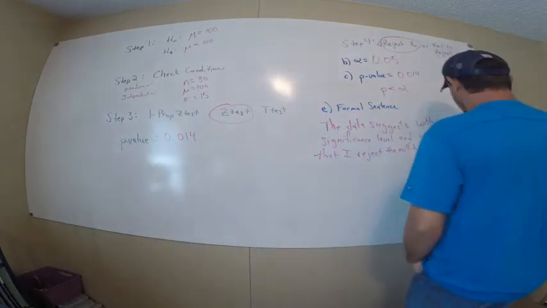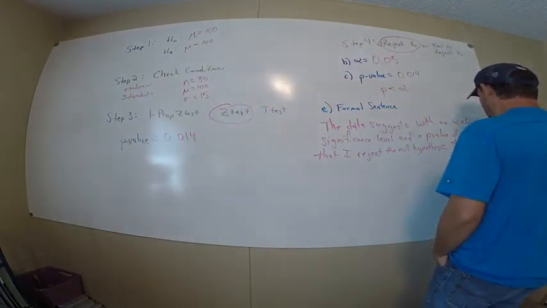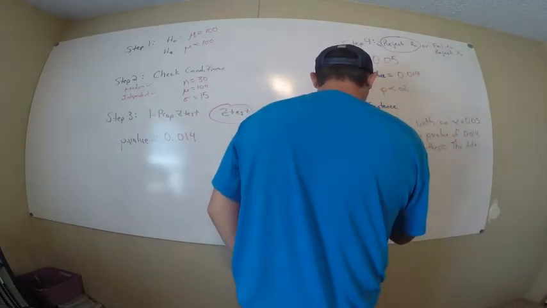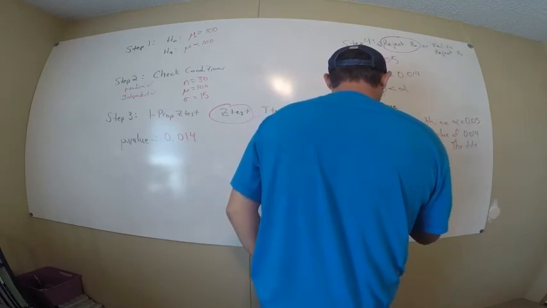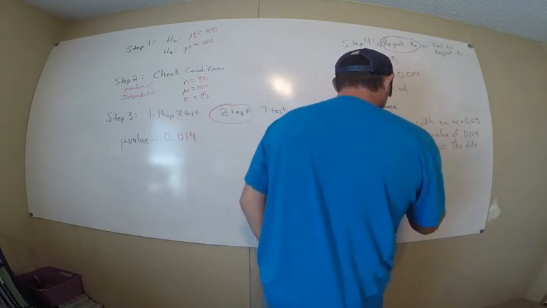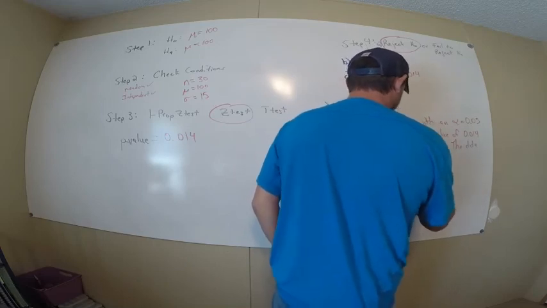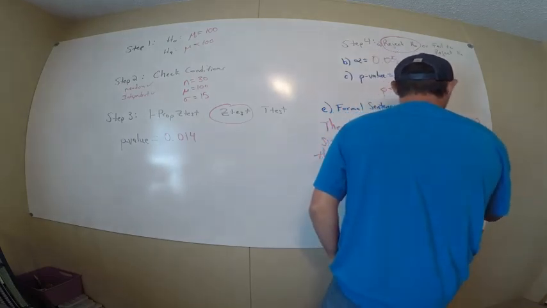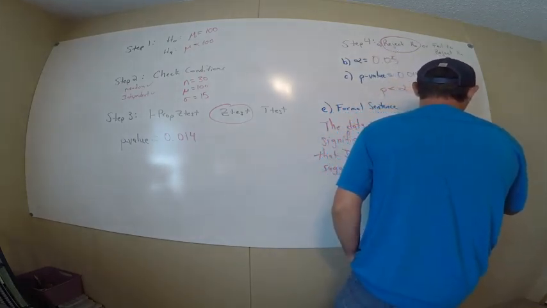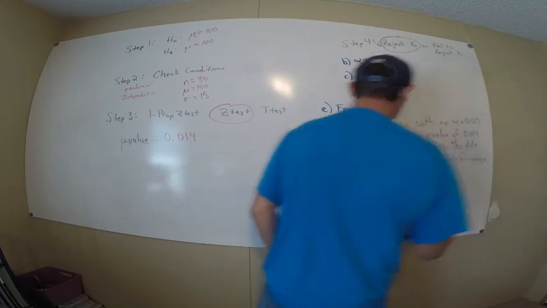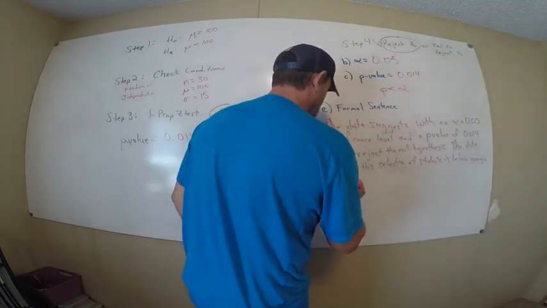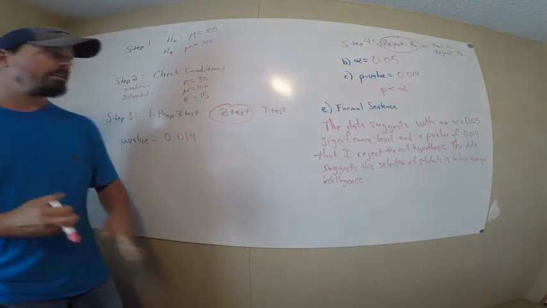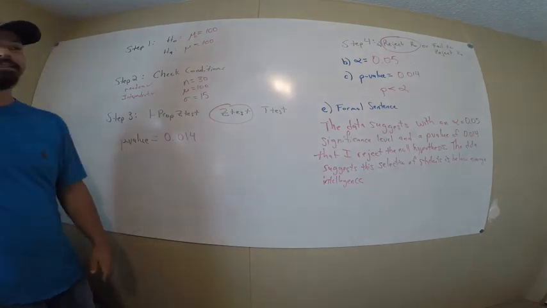So here, the data suggests this selection of students is below average intelligence. And that's essentially how you do hypothesis testing.